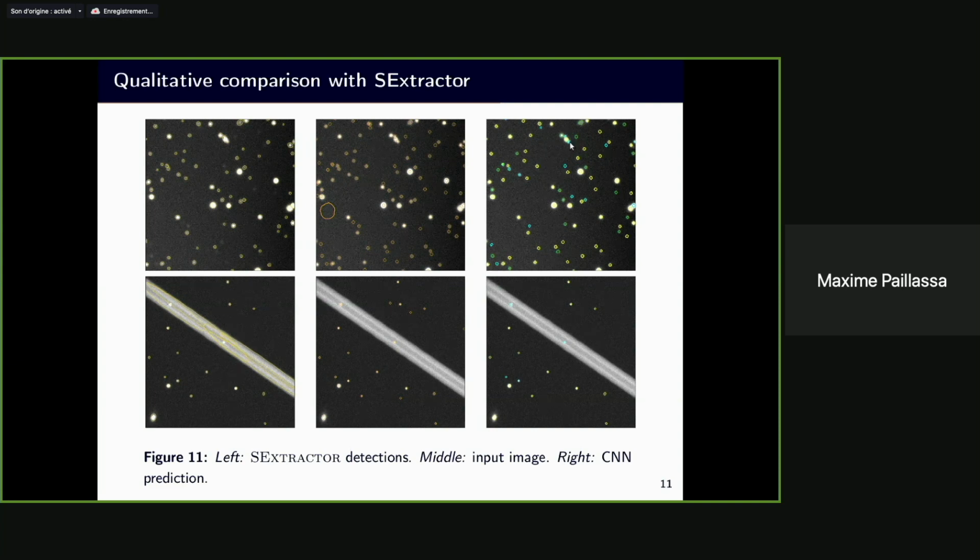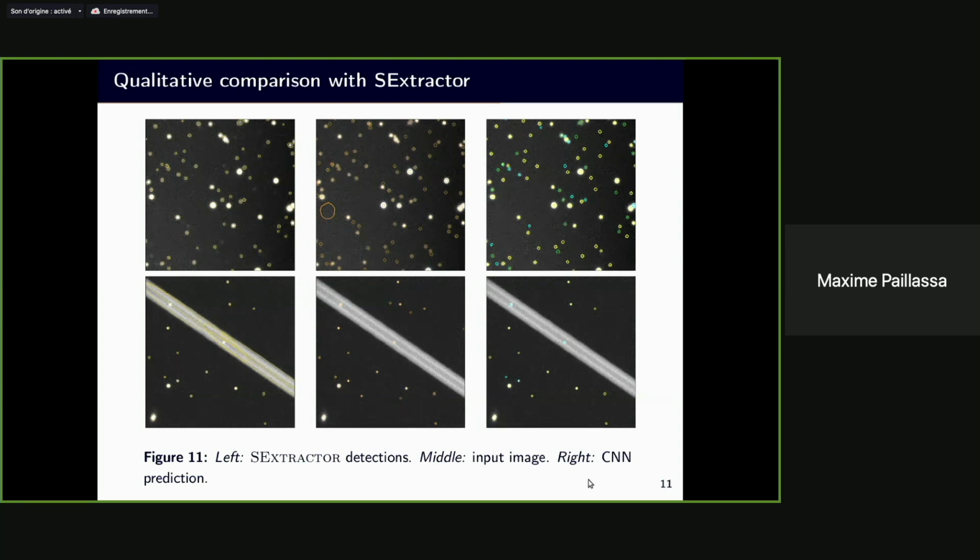And we see that we have the expected behavior: the network is using different colors to detect close objects like here, and it can deblend those objects while SExtractor is not doing it. We can also notice that the CNN is able to detect faint sources that SExtractor is missing.